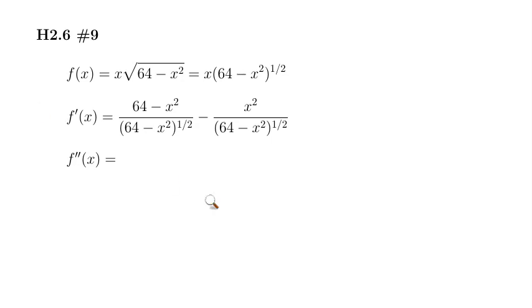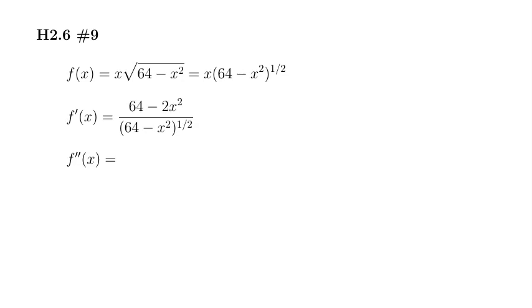Then we combine these together. We have the same denominator because we found the common denominator, and we have negative x squared and another negative x squared, so I'm going to write it as negative 2x squared.